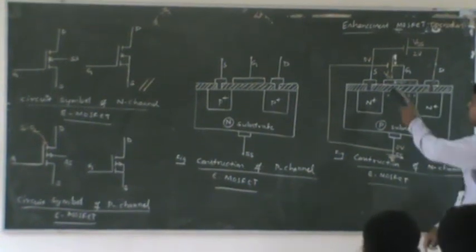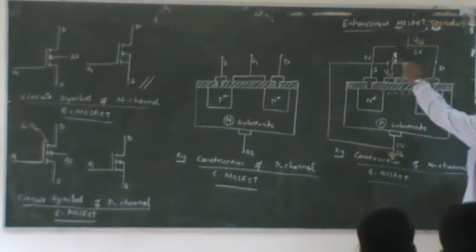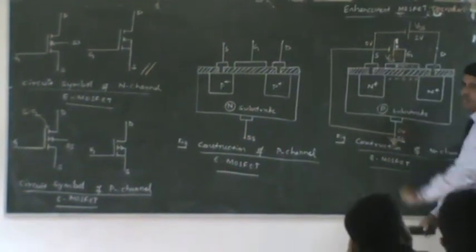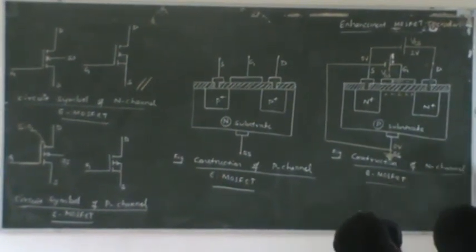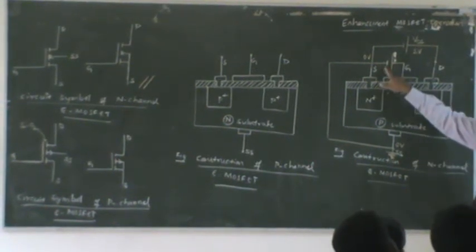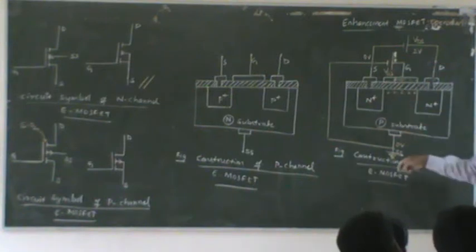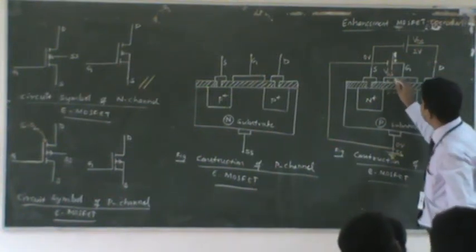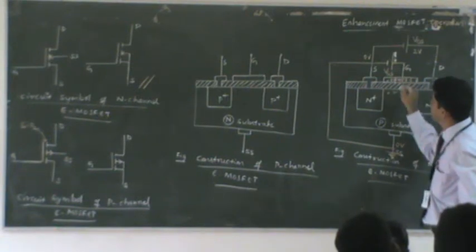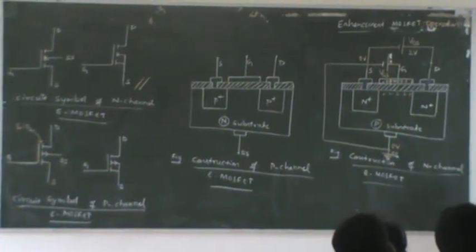If you apply positive voltage here, whatever current flows, I may have some application here. Current will be between drain and source. If you want to feed current to your application, then definitely you must apply a positive voltage. Positive here will make the upper plate of the silicon dioxide fully positively charged.